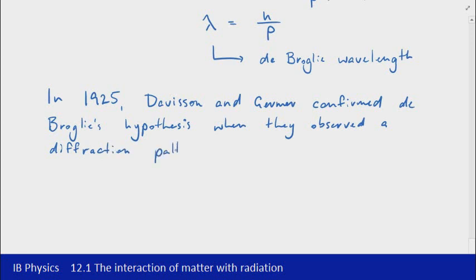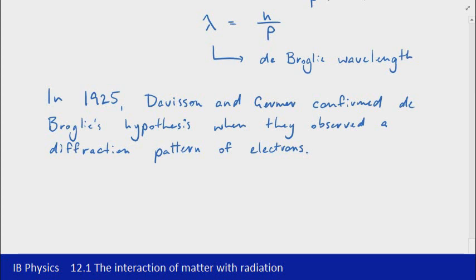If you think back to our previous waves unit, a diffraction pattern means that there are some regions where you get lots of electrons appearing and other regions where you get none, that alternating bright and dark idea. In this case, it's an alternating intensity of electrons hitting at each point. So by observing that diffraction pattern of electrons, they confirmed that there is in fact a wavelength associated with matter.